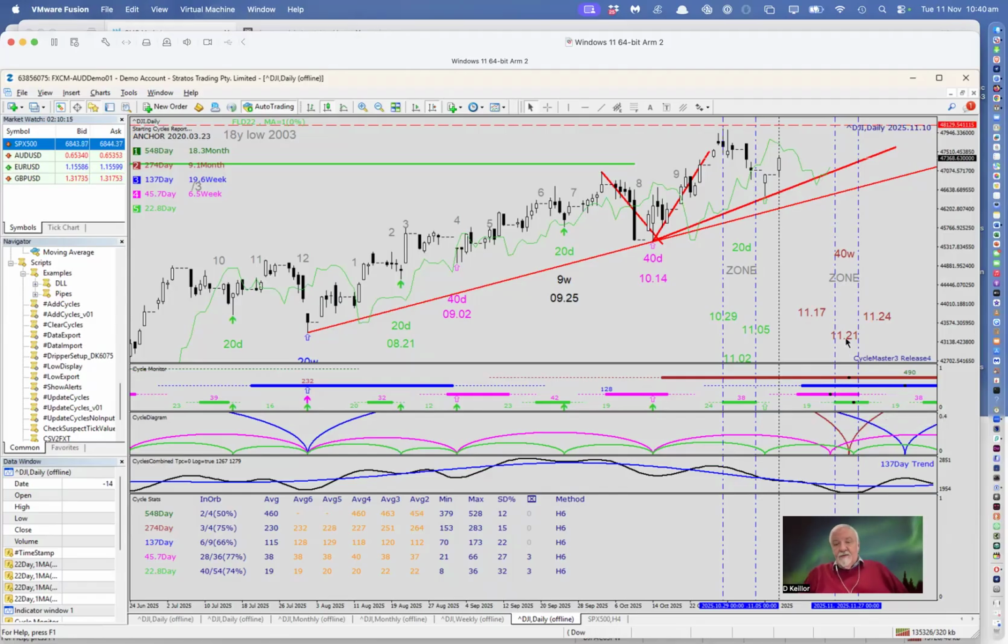And from a paper trading perspective, we can now get back on the horse and we can say, okay, when this upward sloping valid trend line is broken to the downside, we're going to trade short into the 40-week low zone.